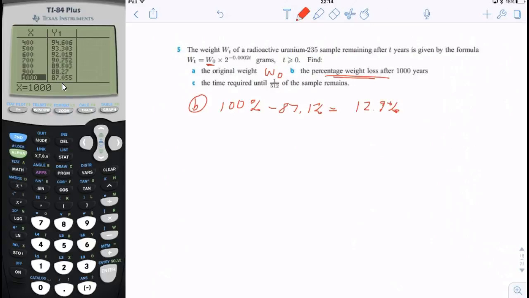Okay. Then it says, find the time required until 1/512 of the sample remains. So 1/512 is 0.00195.